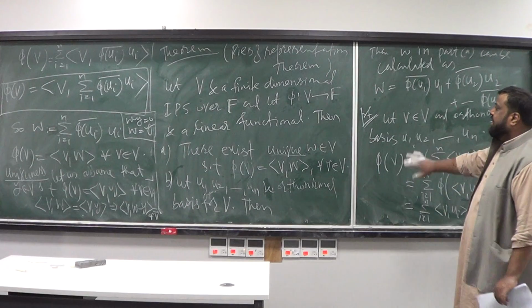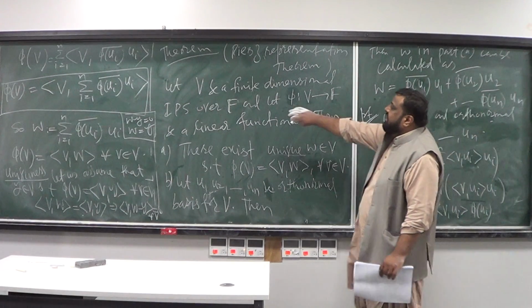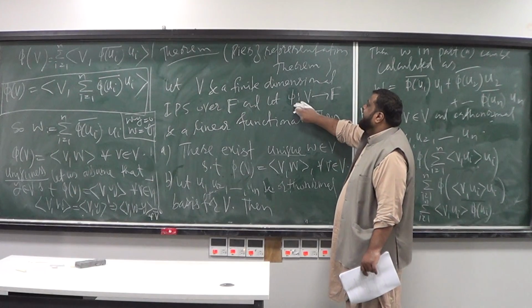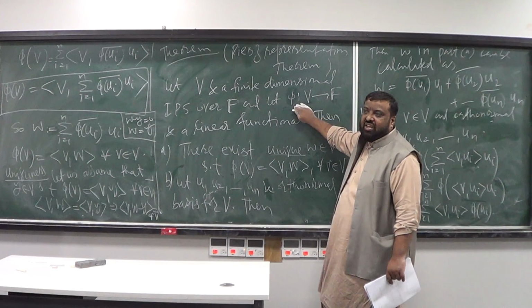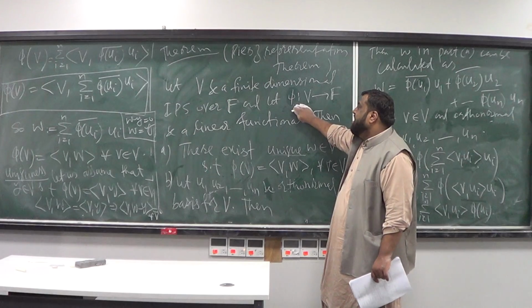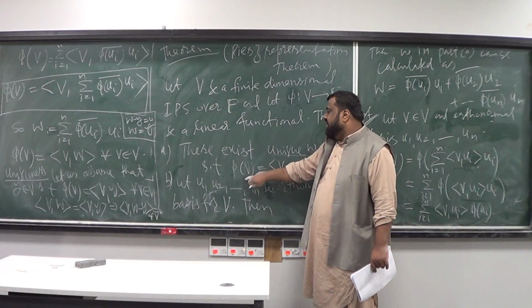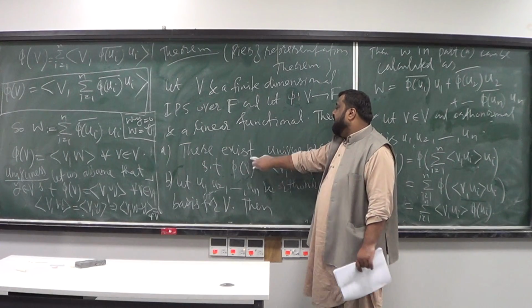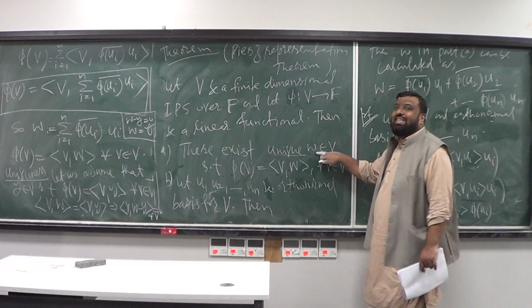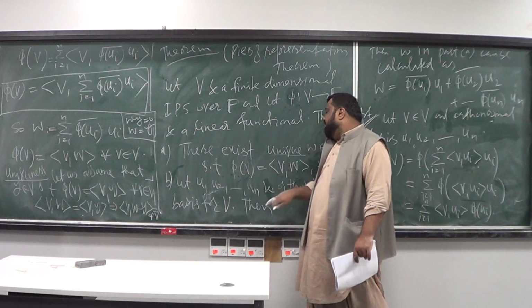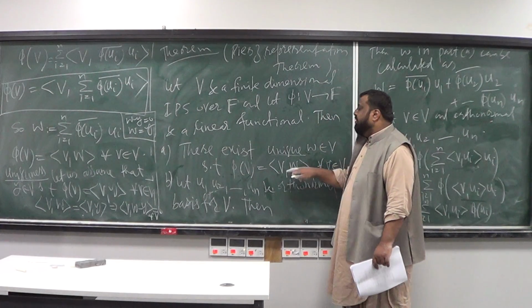So once again, what does this theorem say? Take any finite dimensional inner product space, and take any linear functional. Then every single linear functional can be written in this manner. In other words, for this linear functional, you can always find a unique W, so that the linear functional can be expressed in terms of inner product.